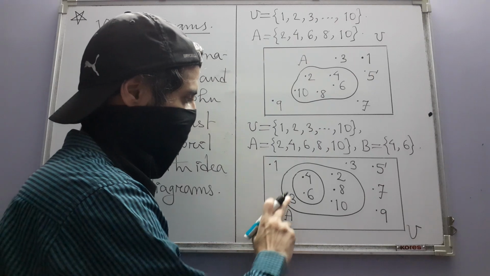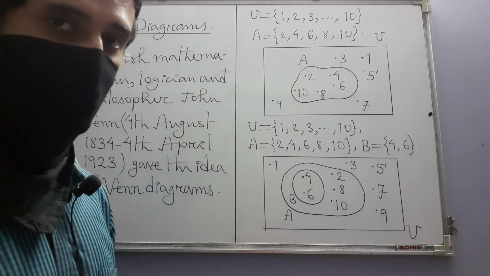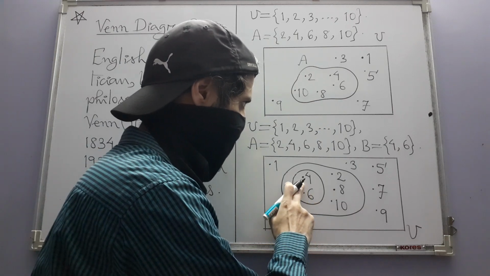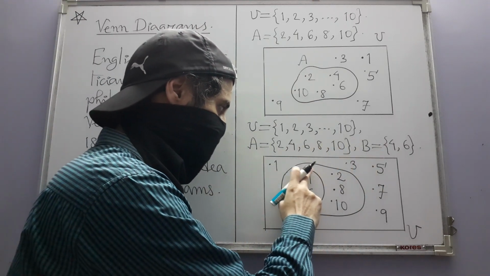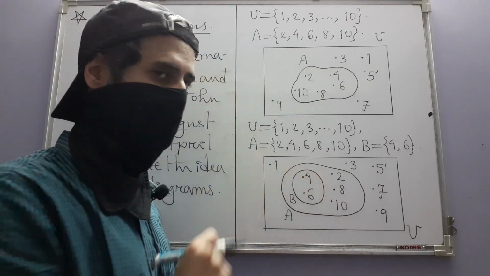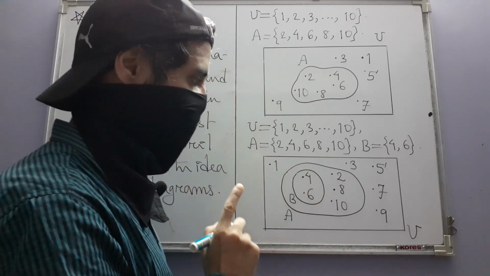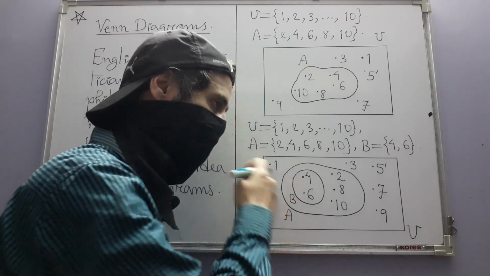Similarly, the dots representing the elements of A have also been drawn accordingly, but now we have a new set B. That is why the set B, which consists of 4 and 6, has been drawn separately. I am also abusing the language: I have just said that set B is drawn.